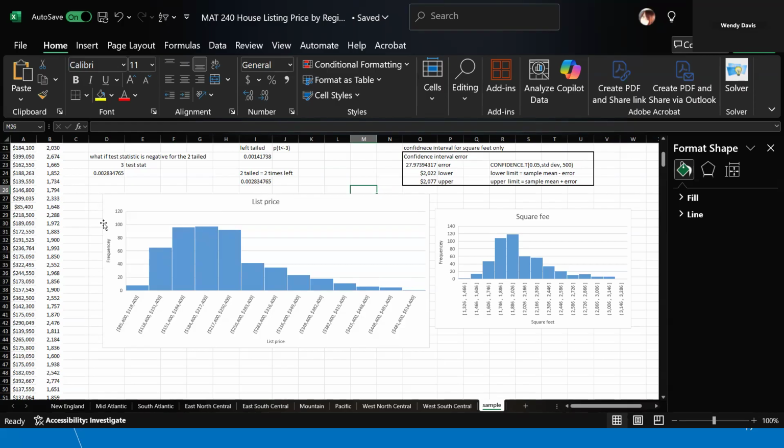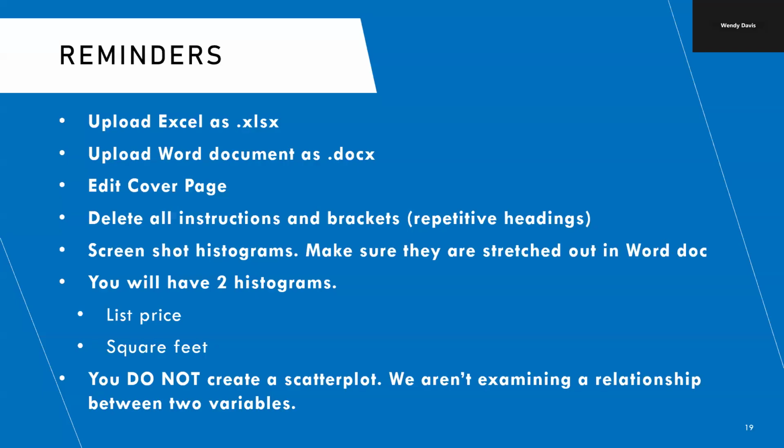Stretch out the picture in the Word document also, so you can see those. You'll have two, one for list price, one for square feet. You do not create a scatter plot. Scatter plots are seeing the relationship between two variables. We're not doing that.